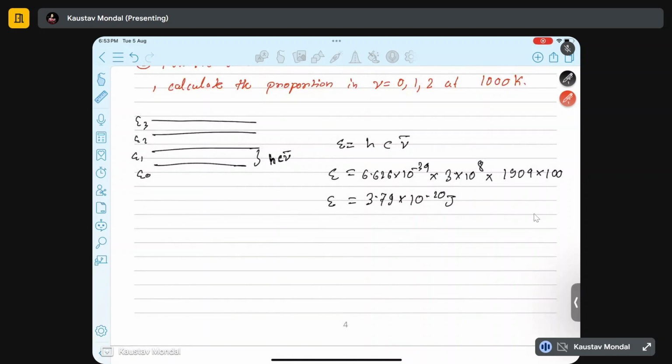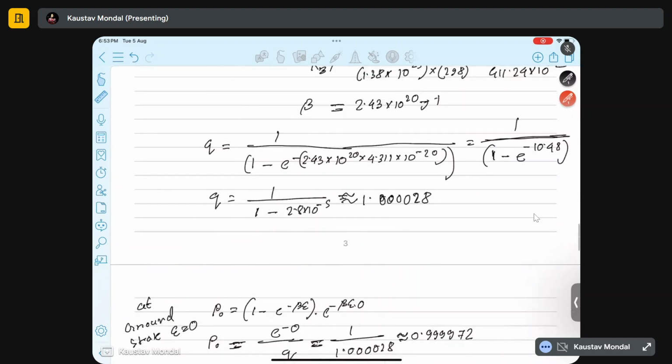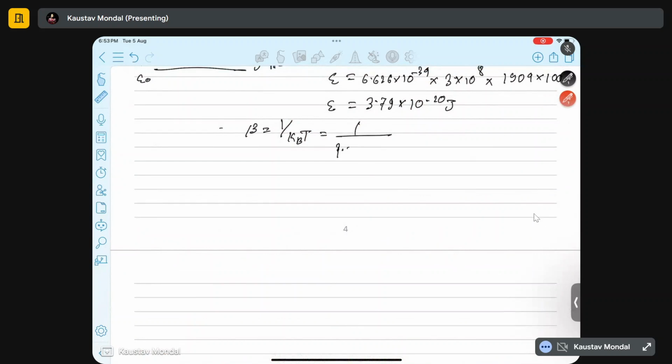Okay. Now beta, similarly beta we have to calculate because beta is very important. It accounts for the temperature change. So if you calculate the beta, what is the Boltzmann constant, it is 1.38 into 10 to the power minus 23, into temperature, which is 1000 Kelvin here.